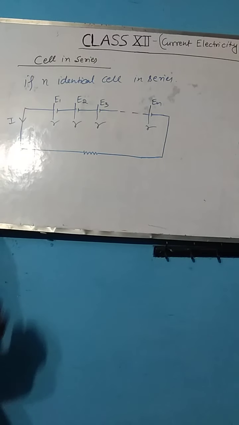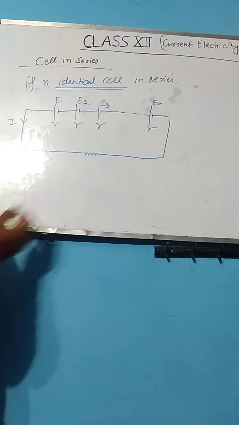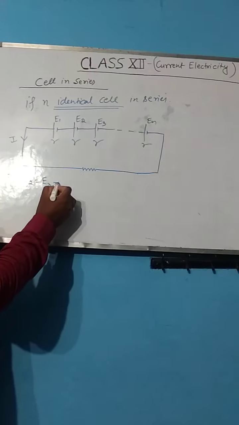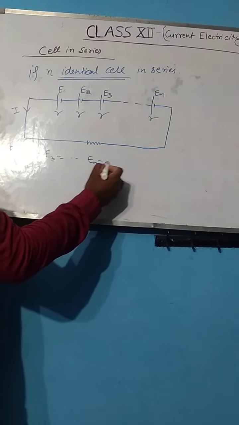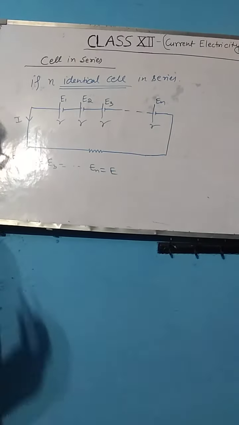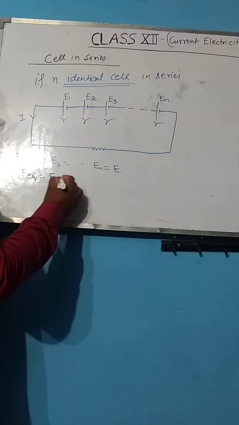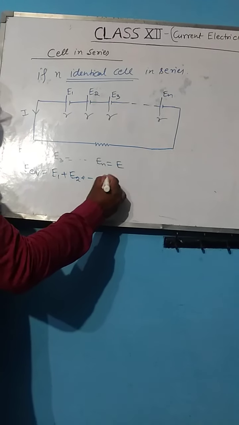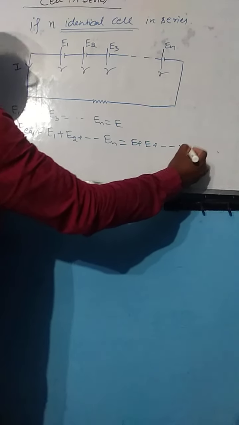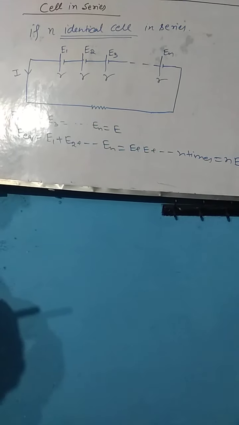So first we have to write the equivalent of this. For identical cells, E1 equal to E2 equal to E3, all are equal, so each is equal to E. So the equivalent EMF will be given by E1 plus E2 plus up to En, which means E added n times, so it will equal nE.